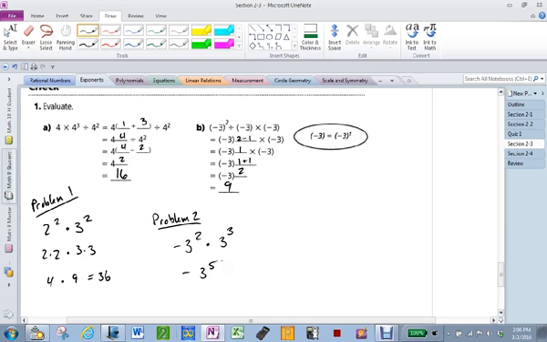Which is negative 729. That's a lot. Everybody cool with problem 2? When the brackets are there, it's easy, right? When the brackets are there, it makes perfect sense, doesn't it? But this looks weird, but we're okay with it, aren't we? Yes. Everyone is good?